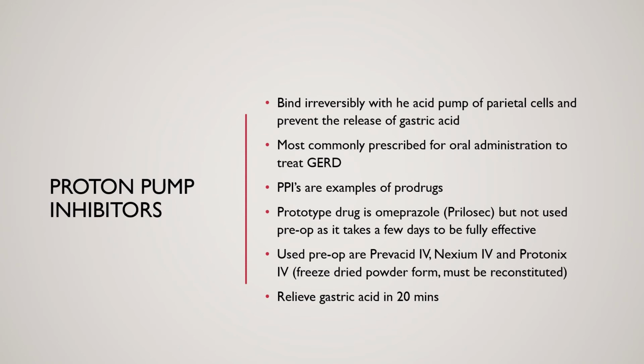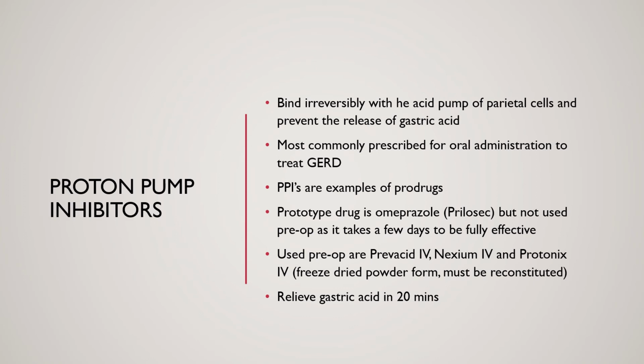Okay, proton pump inhibitors, or PPIs, bind irreversibly with the acid pump on parietal cells and prevent the release of gastric acid. They're most commonly prescribed for oral administration in the medical setting to treat GERD. PPIs are examples of prodrugs.